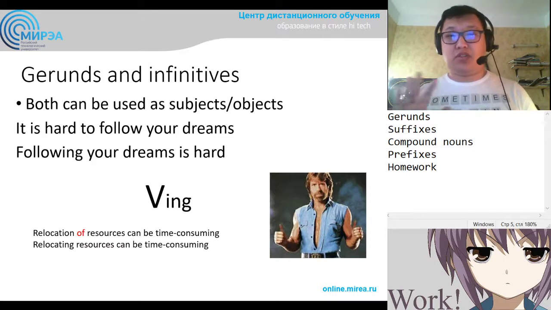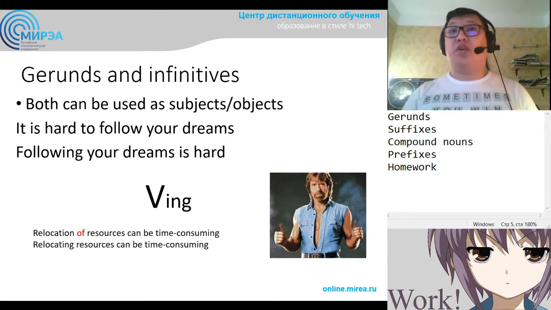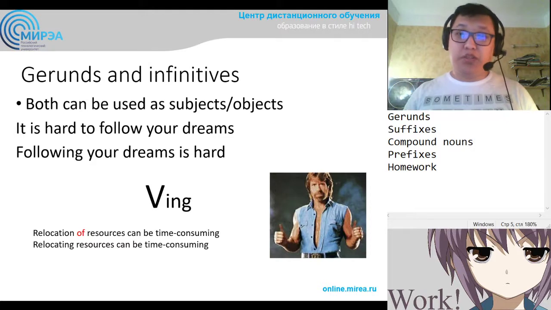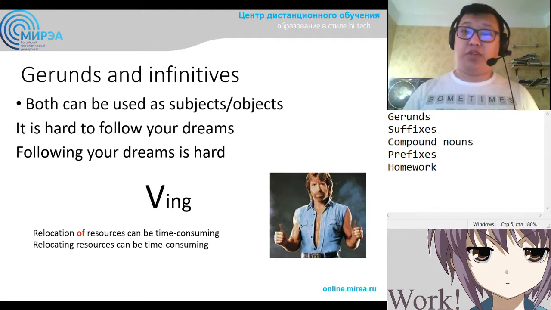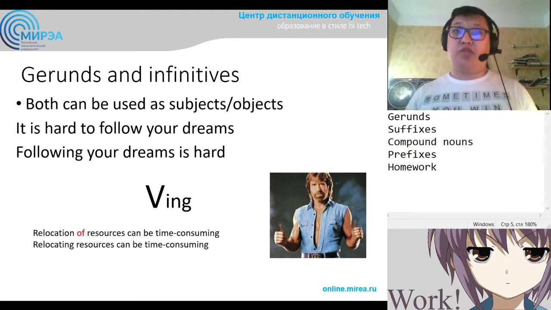Based on the context, you can differentiate between these two. So that's why we could use gerunds as the basics of our word building. If you forget how to build a proper noun out of the verb, if you're not sure if it's relocation or relocatement, use relocating, and that will be easy.